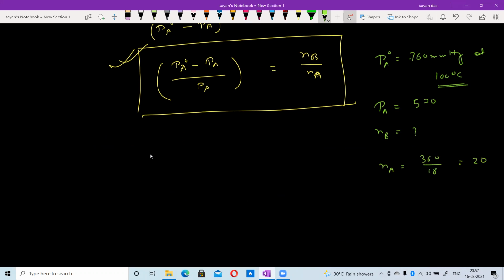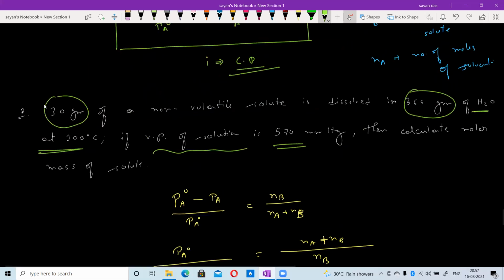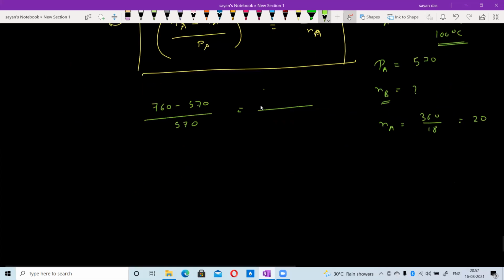So just put the values. After putting everything, it becomes 760 minus 570 divided by 570. Instead of NB, you can write given mass, which is 30 gram, divided by molar mass of B, that is the molar mass of solute, which you have to find, times 20. After calculation, the left side is 1 by 3.